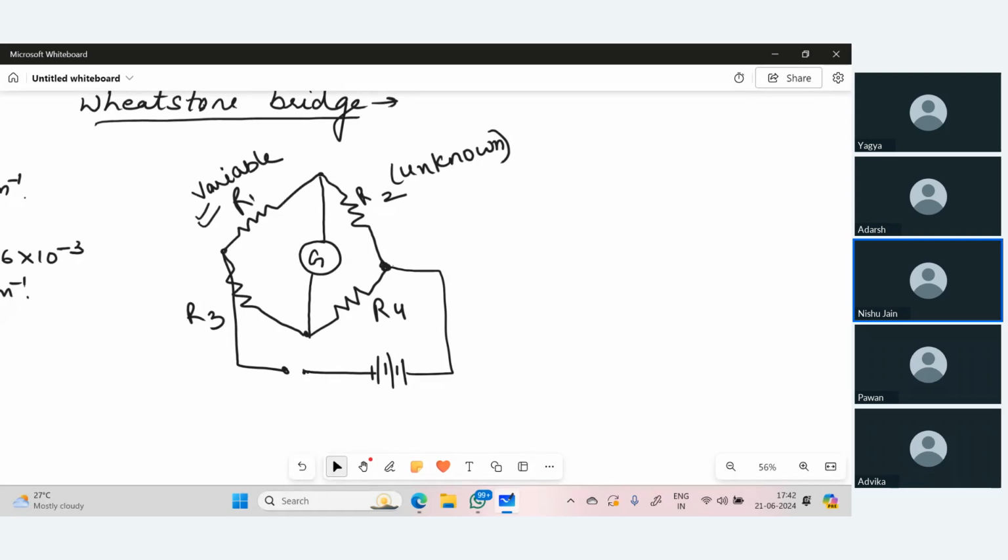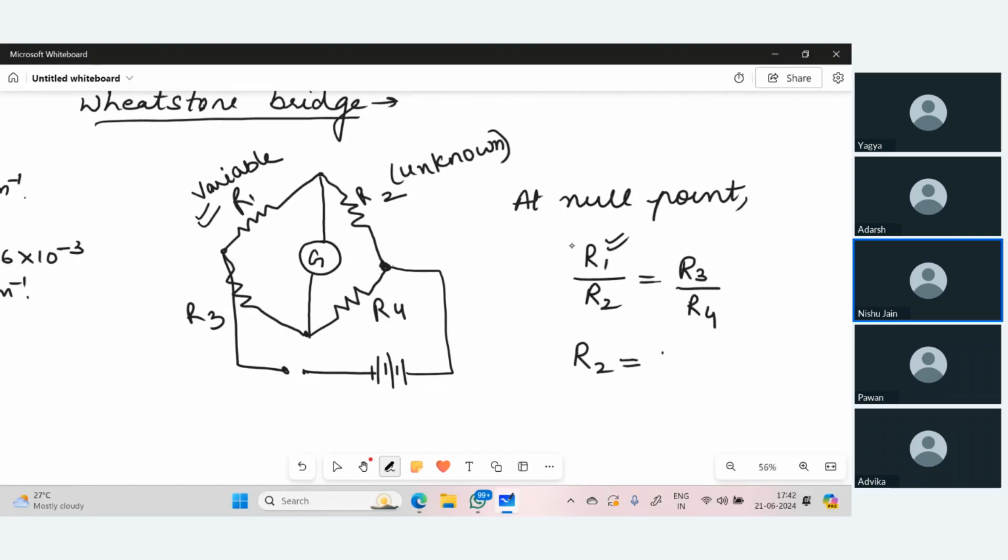Null point means it will show zero reading. I will repeat, you have to adjust the resistance R1 in such a way that the galvanometer shows the null point. Null point means there should be no deflection in the galvanometer. So at null point, the rule is that R1 by R2 becomes equal to R3 by R4. R3 and R4 are the fixed resistances, we know the values. R1 is the value at which the galvanometer shows the null point. Similarly, you can find the value of R2.